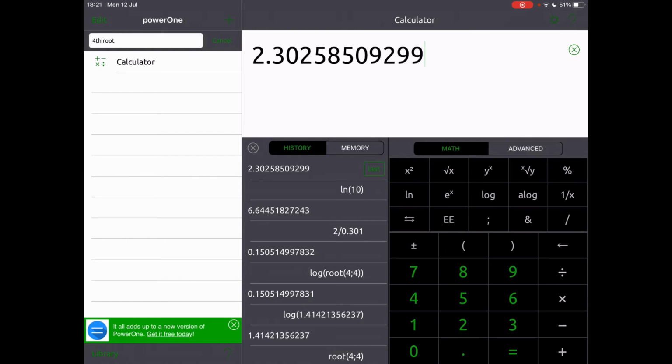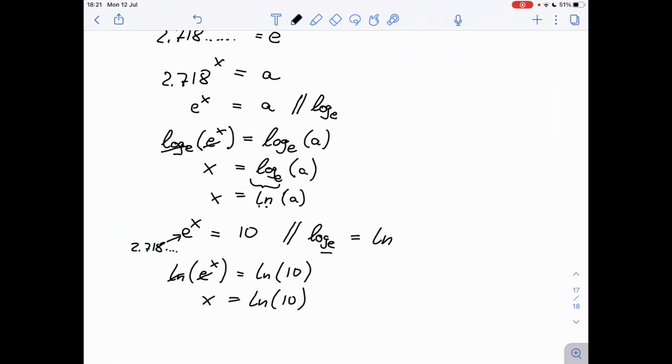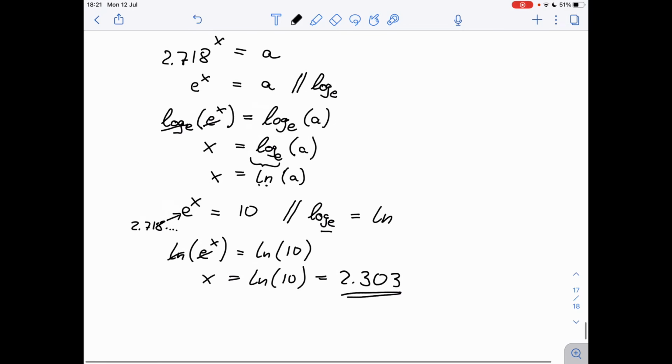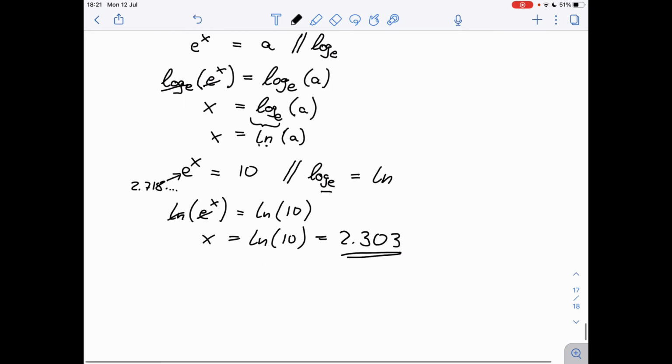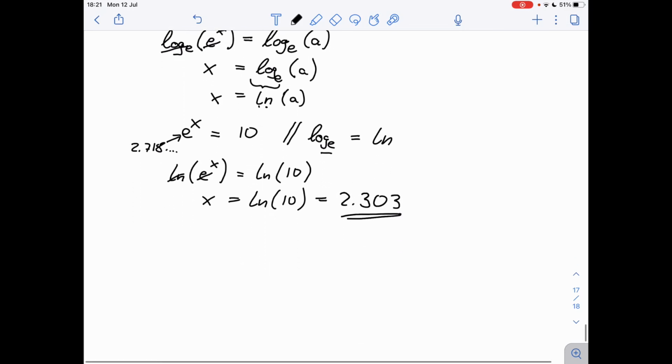Let's call it 2.303 to 3 decimal places. So x equals 2.303. So that's how we can use a different base, and in this case the base of e.